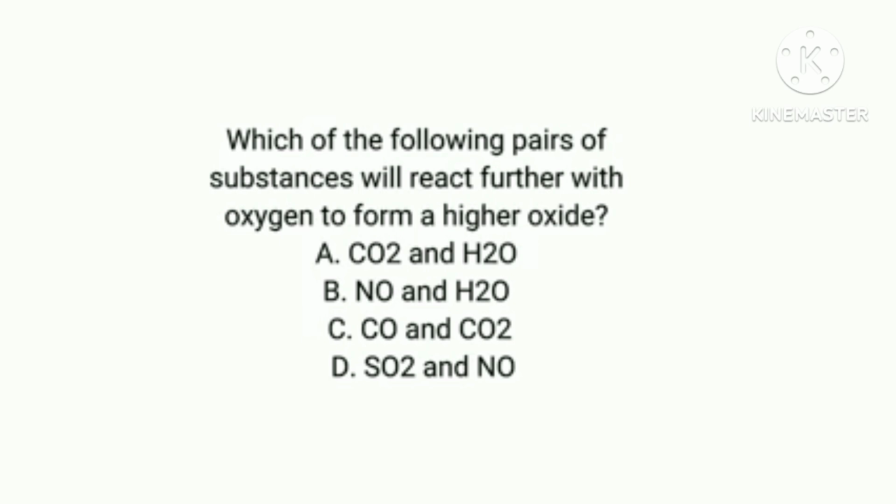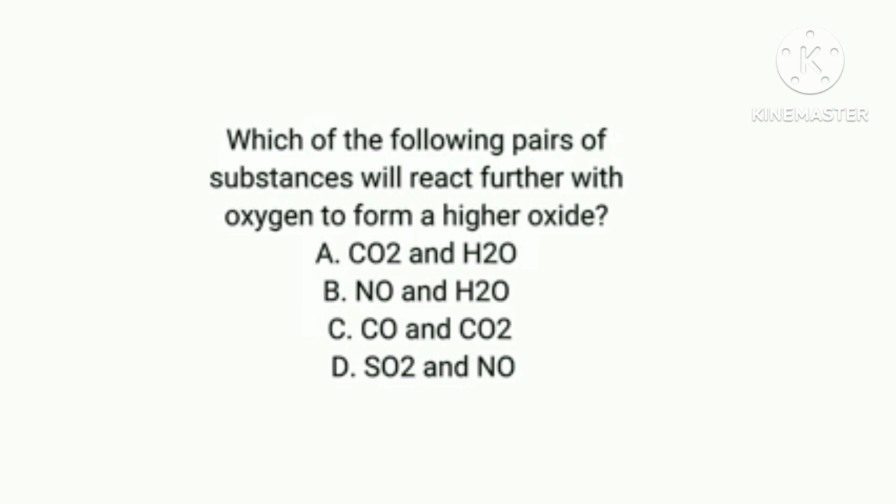Let's look at the C option. Here we have carbon 2 oxide and carbon 4 oxide. Same thing as the previous. Carbon 2 oxide can, of course, react further with oxygen to give us a higher oxide, but carbon 4 oxide cannot. So the pair is not perfect. And then we are left with the last option, sulfur 4 oxide and nitrogen 2 oxide.